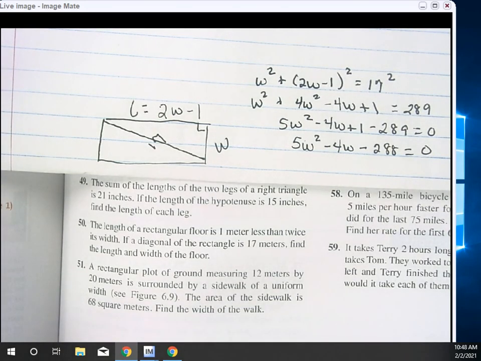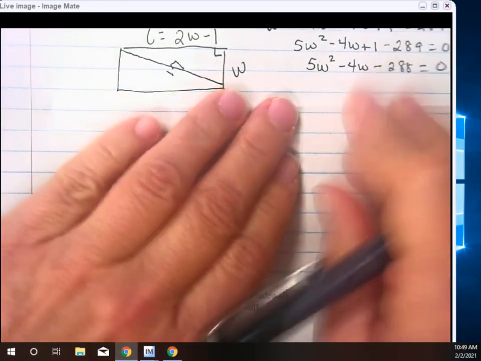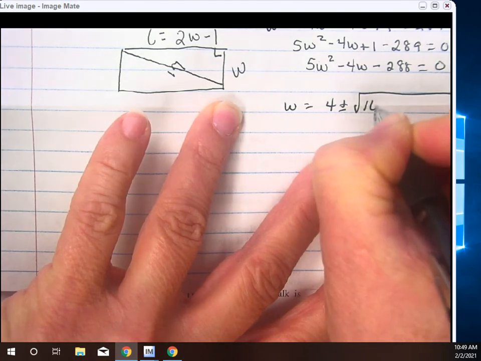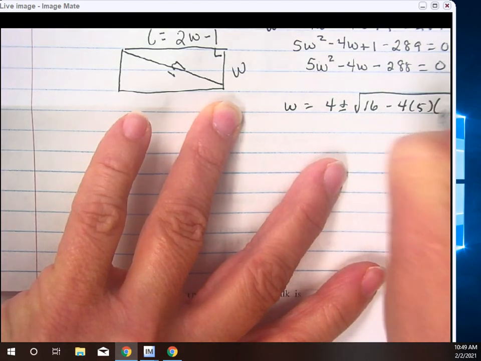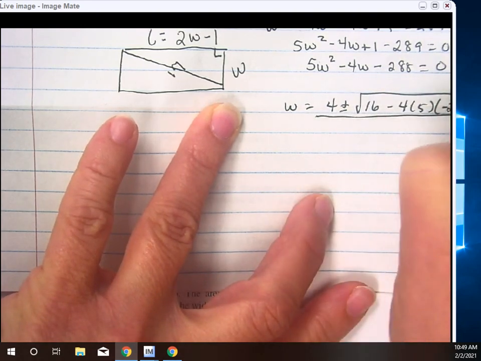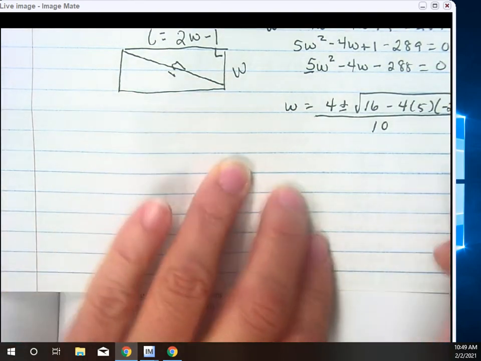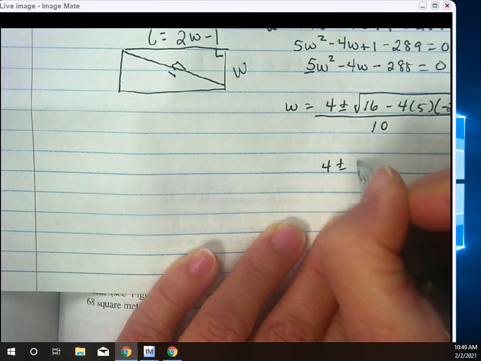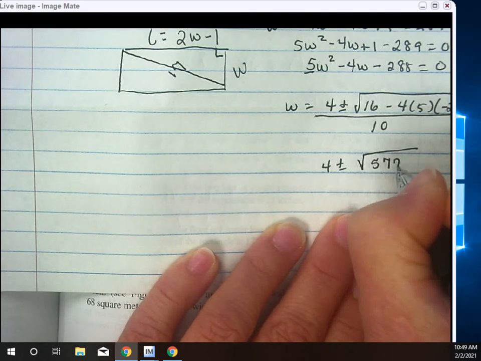What is our best method for solving? Probably the quadratic formula. W equals the opposite of B plus or minus the square root of B squared minus 4 times A times C, divided by 2 times A, which is 10. 4 plus or minus, a negative times a negative is a positive, so 5,776.